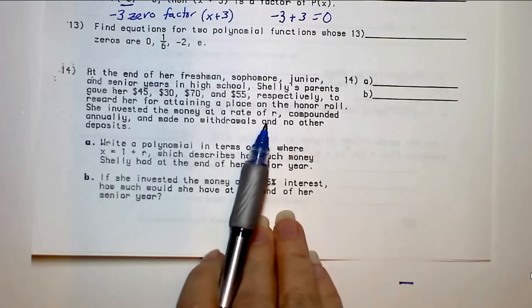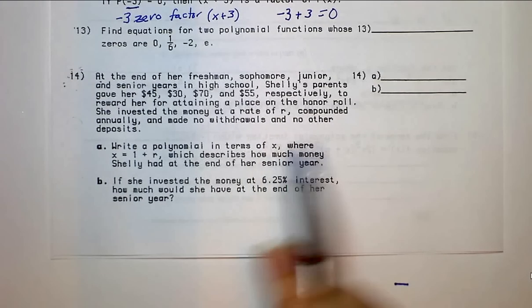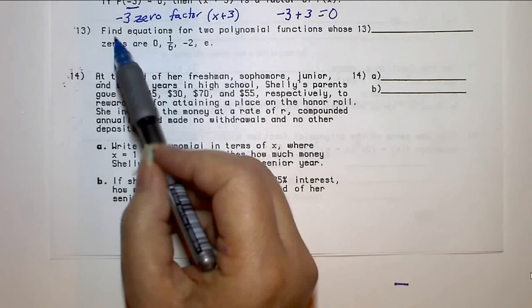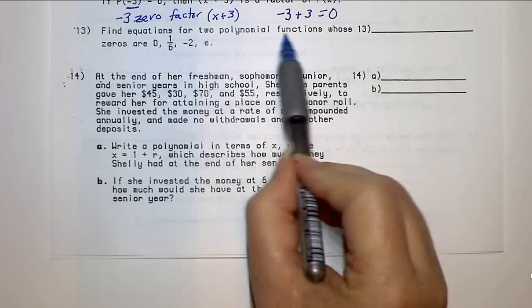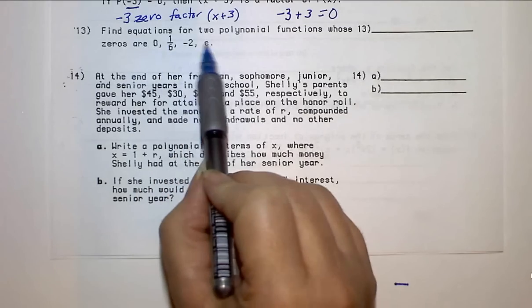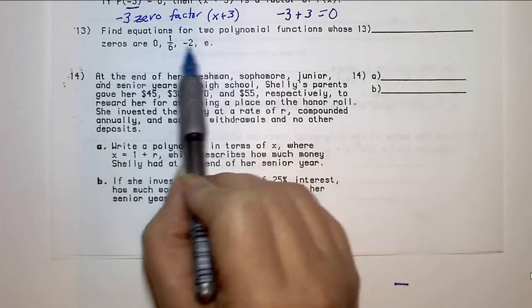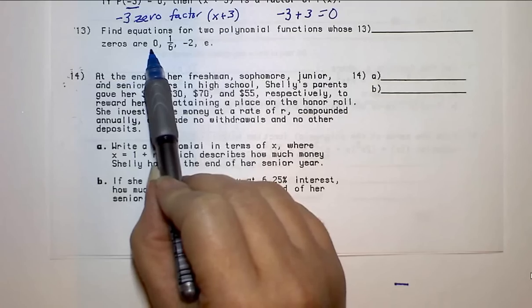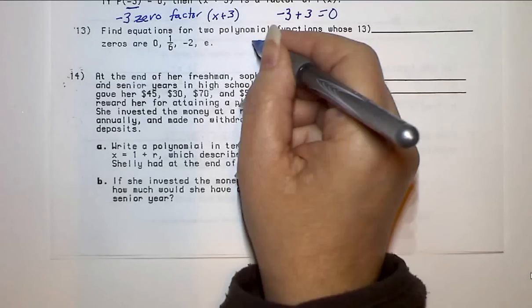Alright, it says to find two polynomials whose zeros are 0, 1/6, negative 2, and e. So the first thing we have to do is go through and make one polynomial.